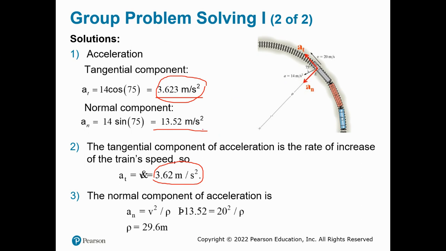And this number right here will be the normal component of the acceleration, which will be v squared over rho, the 20 squared over rho. Knowing that this is 13.52, we can calculate rho, the radius of curvature, which is 29.6. Okay, hope that helps you.